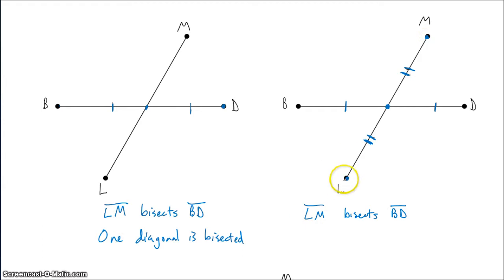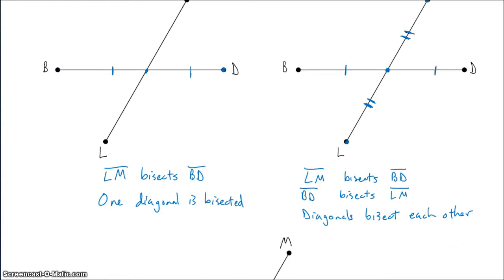So I also know that LM is being bisected. So BD is bisecting LM, which means that these two line segments bisect each other. So the conclusion that I can make based on this diagram is that my diagonals bisect each other.